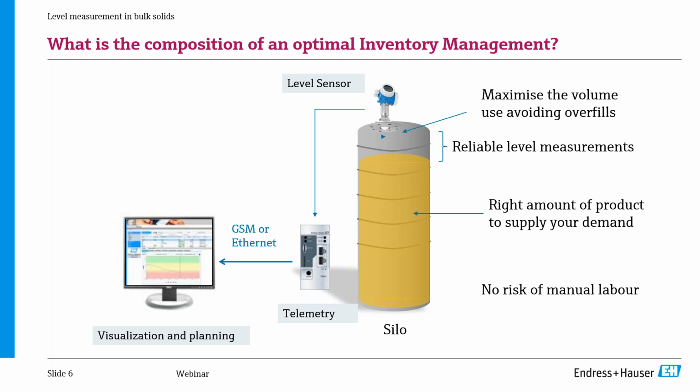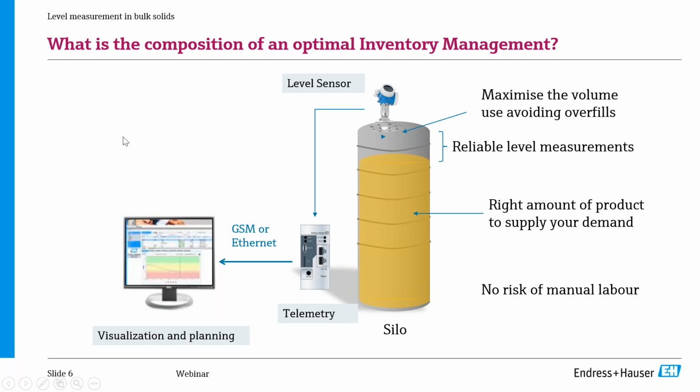All of them must know what's going on with your inventory, not only in terms of production and material available, but also in terms of maintenance, to make sure that everything is running the way it should. You also have to ensure that you have the right amount of product to supply your demand at all times, while reducing the risks of manual labor.